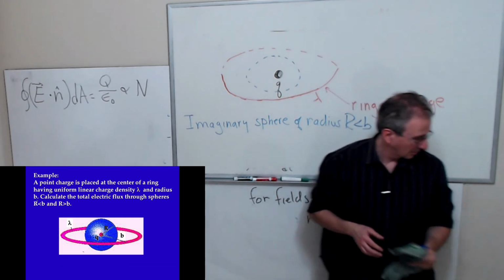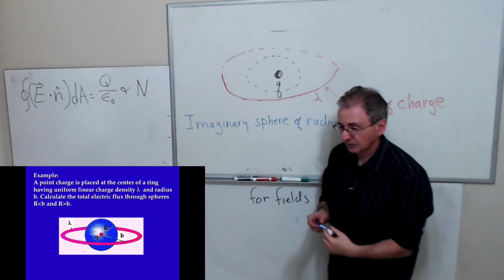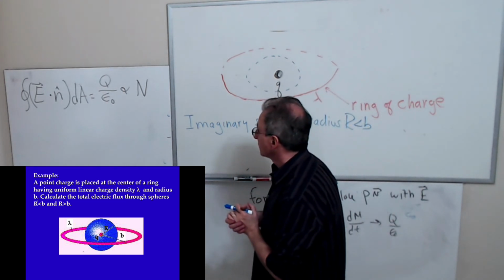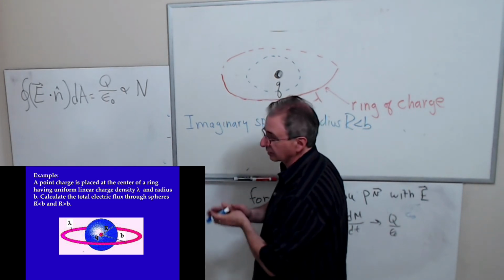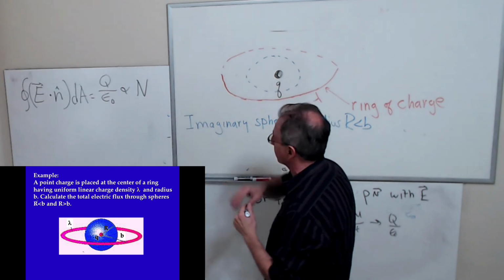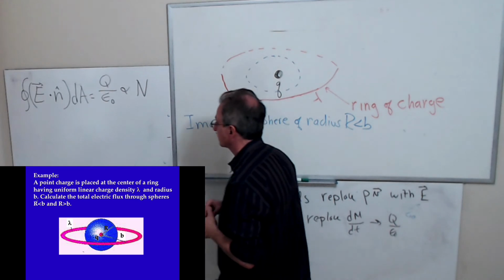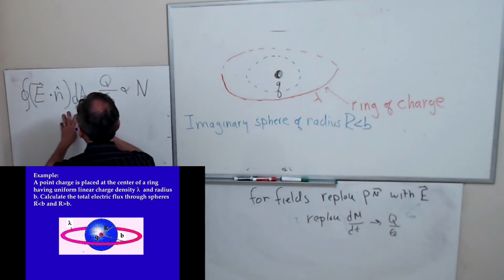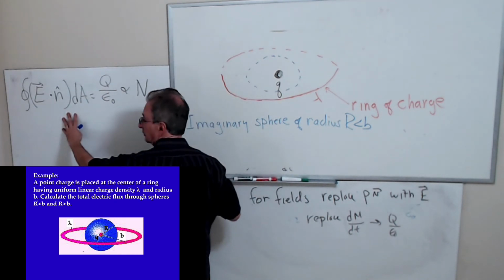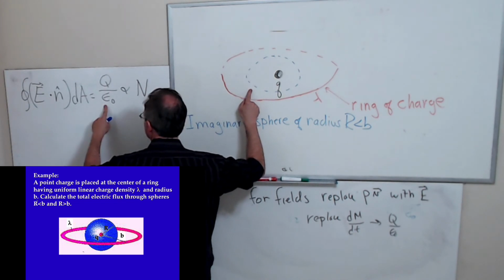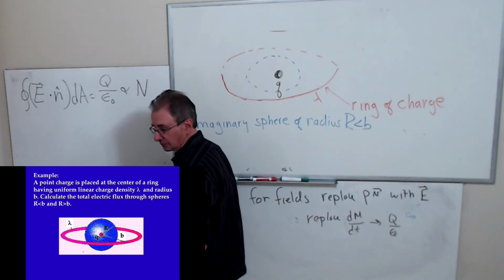You may say, okay, I've got to calculate the electric field and then integrate over this darn thing. But we already know the answer, because this equation says that the integral of the electric field around a closed surface is equal to whatever charge is enclosed over epsilon naught.